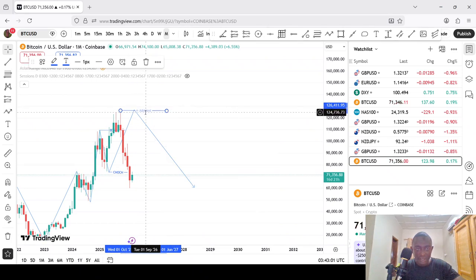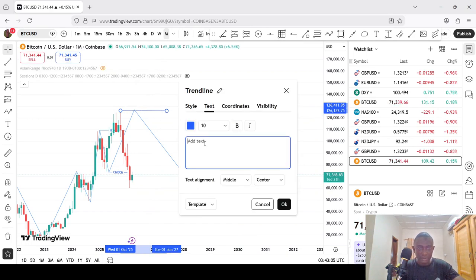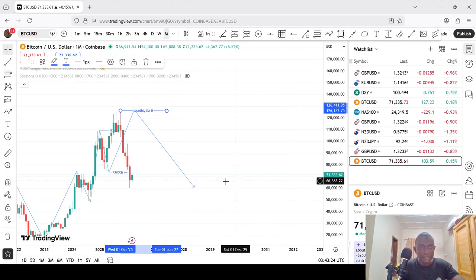Before that, you just double click on it, then with the text, I just want to introduce monthly strong high. So monthly strong high, we have it here like this, and I want to save it for next time.